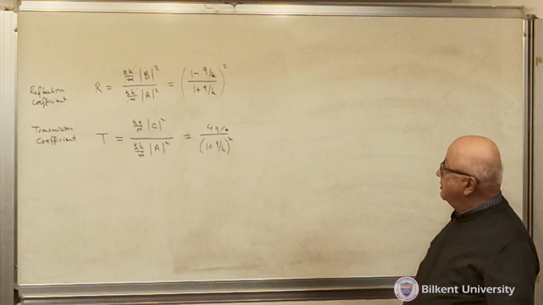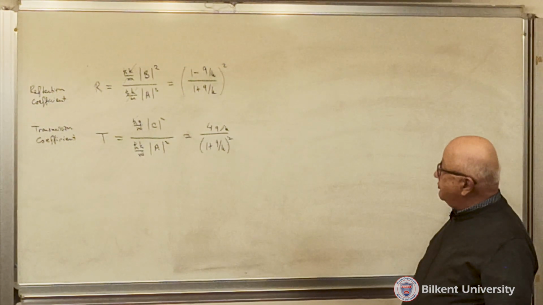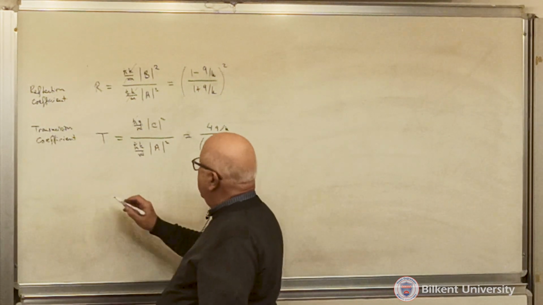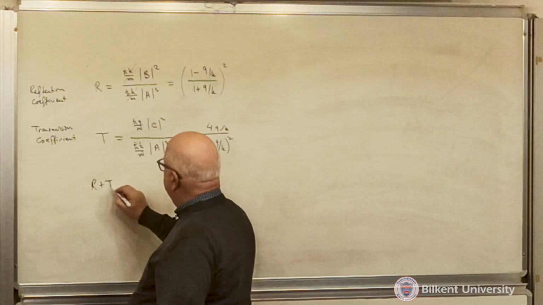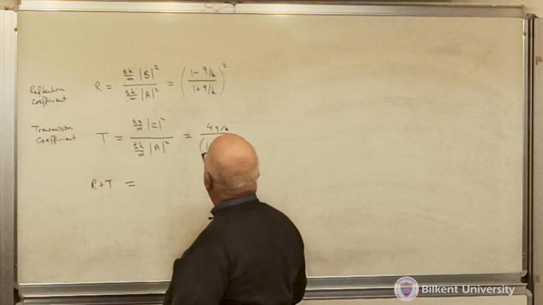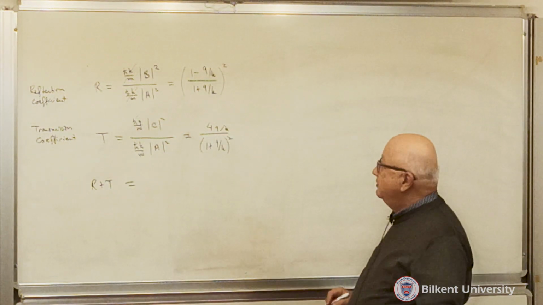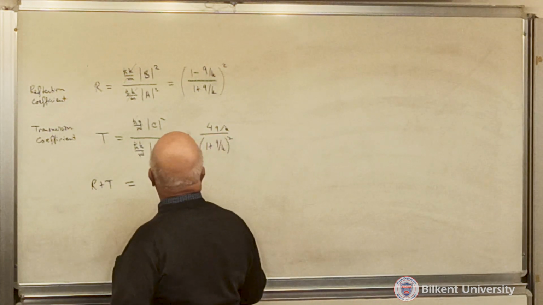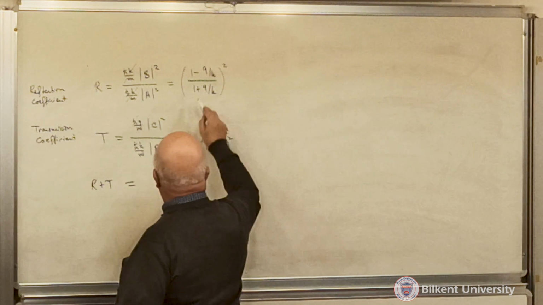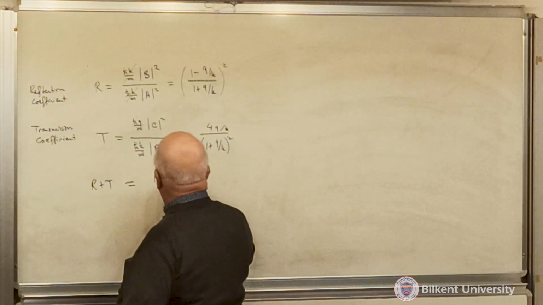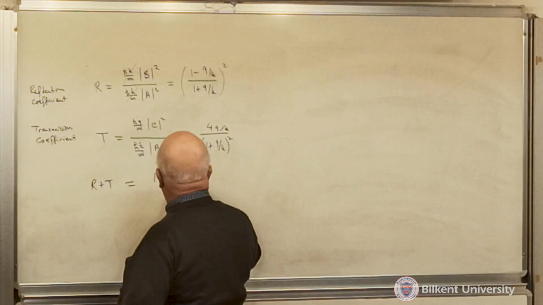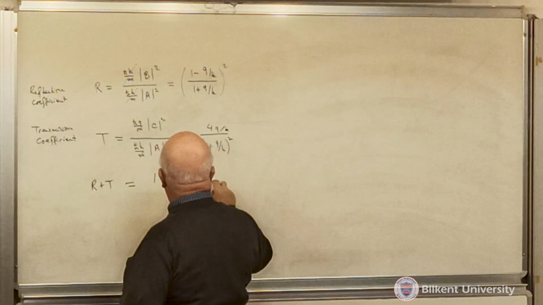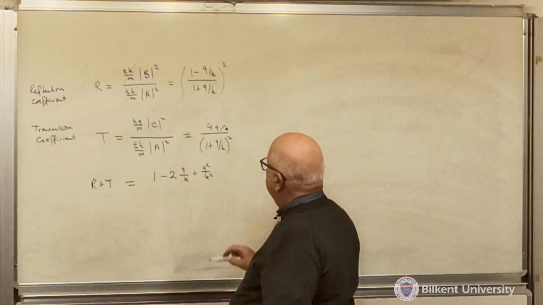So let's see. First of all, let's see if probability is conserved. What is R plus T? 1. Well, let's see. Trust but verify. That's always a good sort of policy. So in the numerator on the left, I have 1 minus 2q over k plus q squared over k squared.